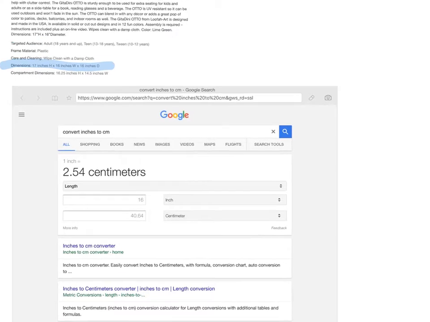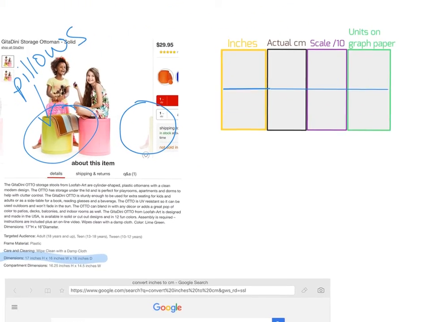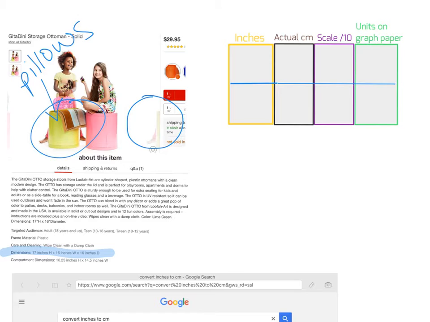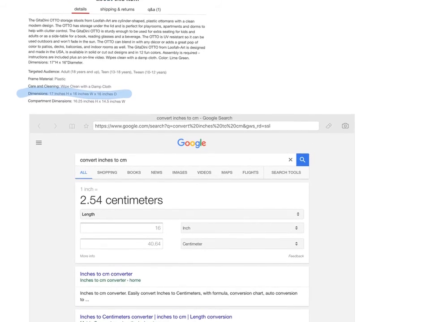So let's go here, and I'm going to go back up here, and it's going to be 40.6 centimeters. And it's going to be the same on both those. I'm just going to check that I remembered that right. Oh, 40.6.